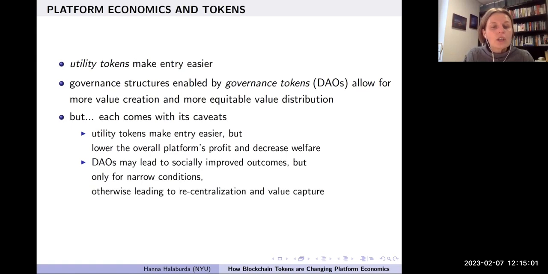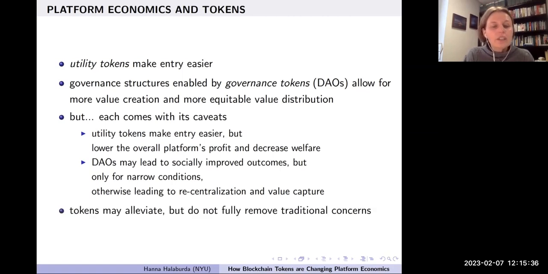And DAOs may lead to socially improved outcomes, but only for narrow and limited conditions. Otherwise, we actually still have the same recentralization incentives, and the tradability of governance tokens may lead to actual recentralization in equilibrium, and in effect value capture, but maybe now by anonymous users. So this may be different, or maybe even worse, than value capture by parties that may be regulated or brought to court.